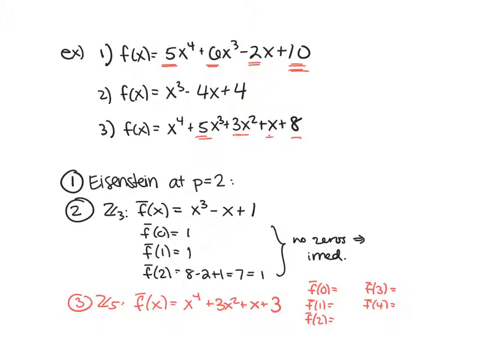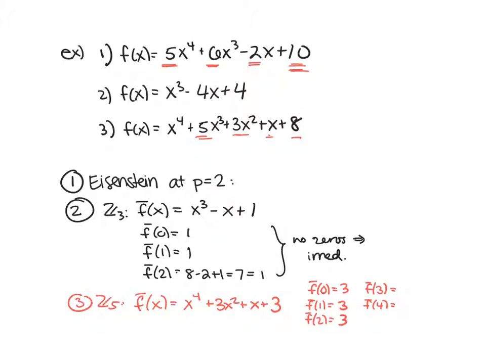in Z5. So 0 gives you 3, 1 gives you 1 plus 3 plus 1 plus 3. That's 8, which is 3. If you plug in 2, let's see, you get 1 plus 2 plus 2 plus 3. I think that's 3.